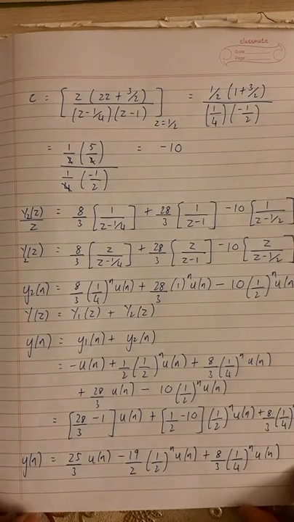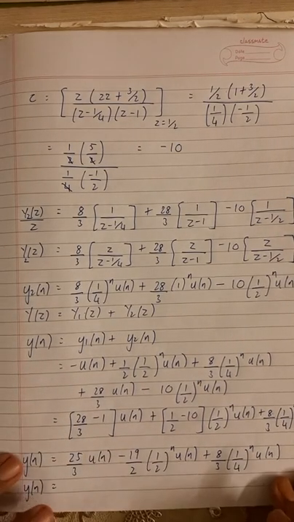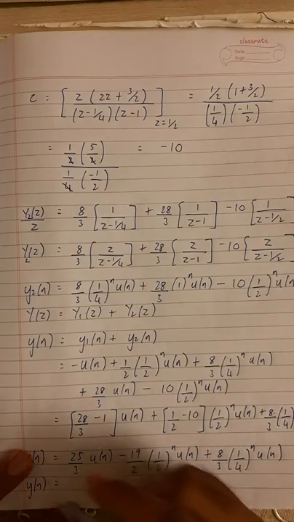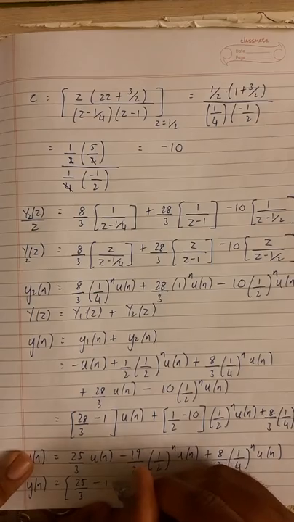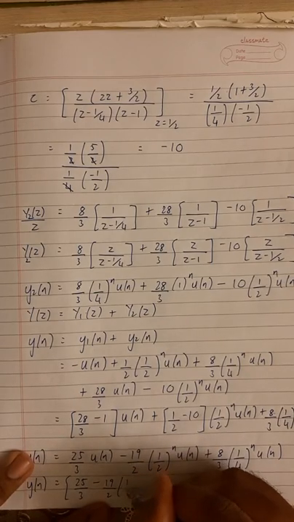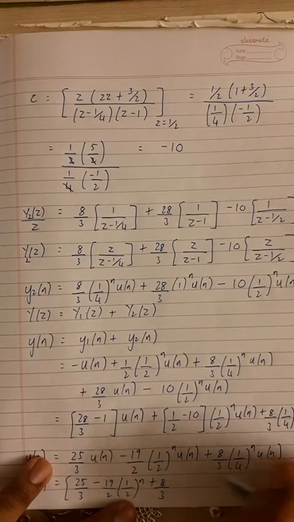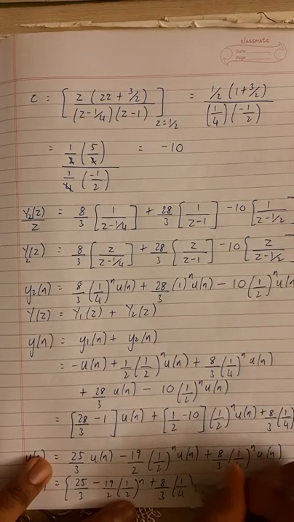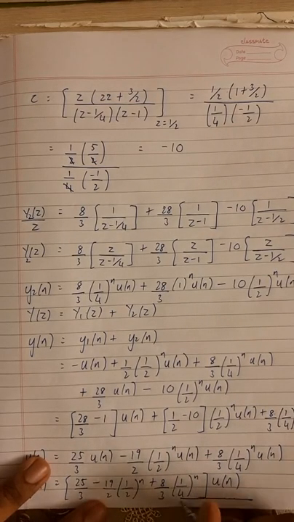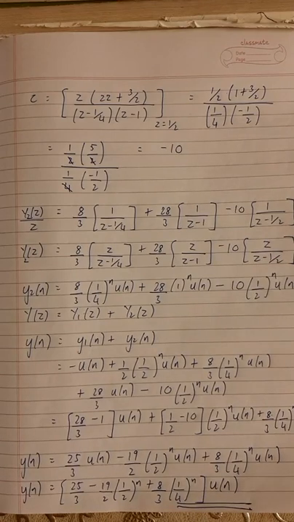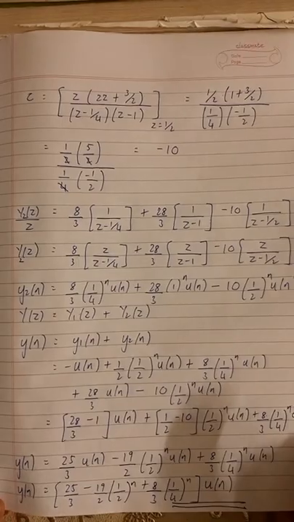Okay, this is the answer. Or we can finally say that y(n) is equal to [25/3 − 19/2 (1/2)^n + 8/3 (1/4)^n] u(n). This is the final answer. So this is the total response y(n). This is how we do the problems.